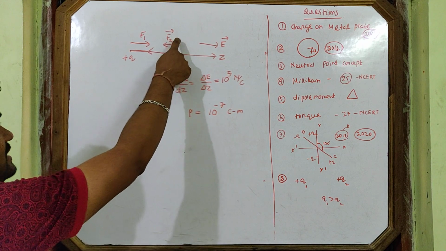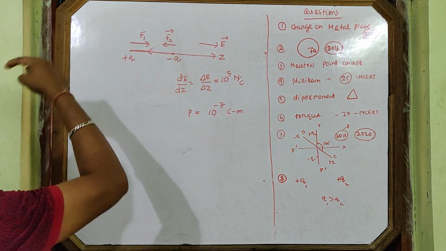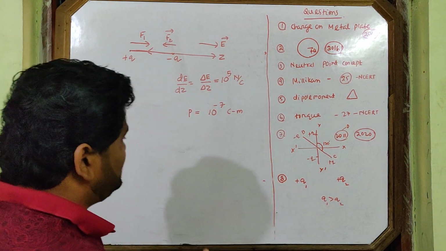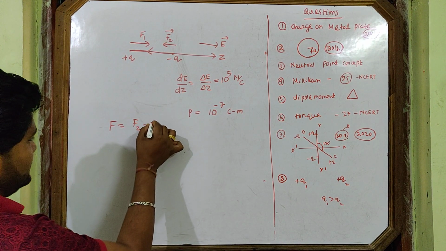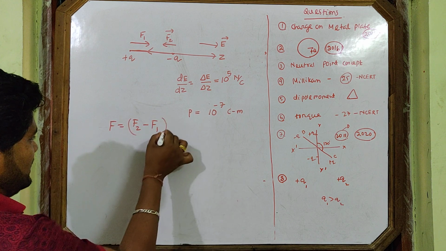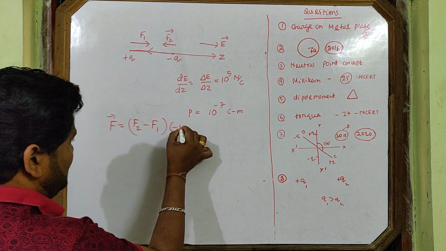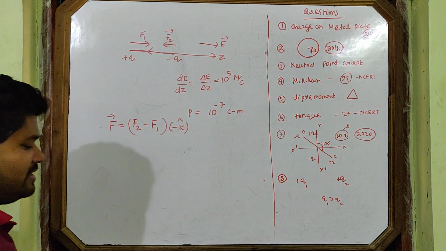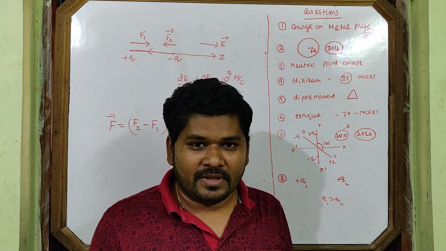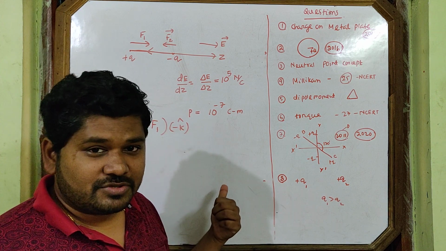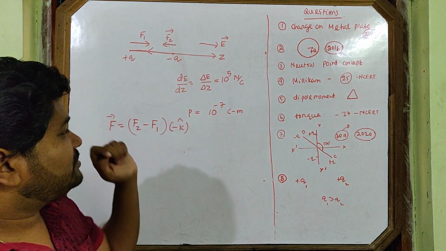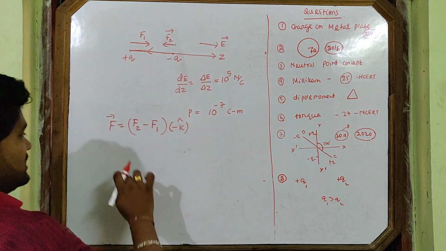F2 is more means the net force will be in the negative Z direction, and the net force will be F2 minus F1, with direction minus k cap. Here the electric field is more, so the force will be more because the charges are same.